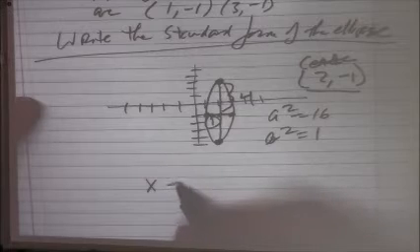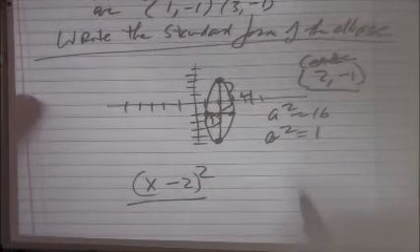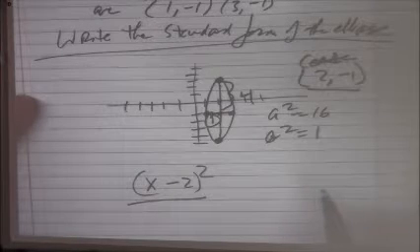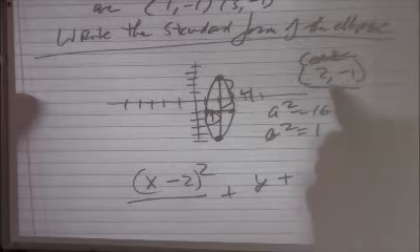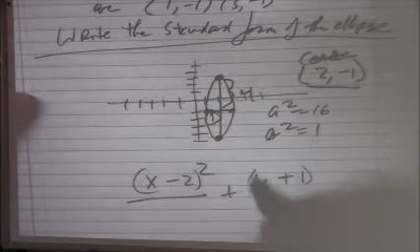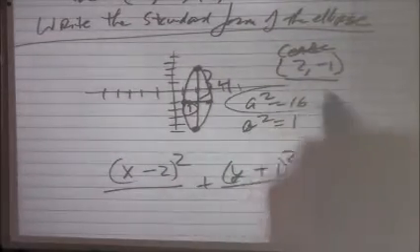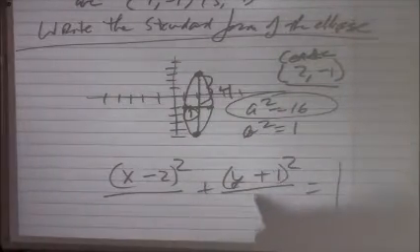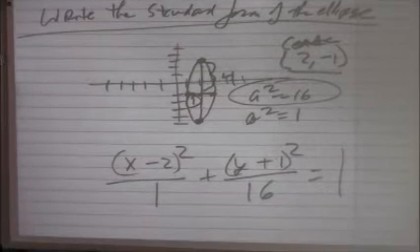Now I'm going to do (x minus 2) squared over... let me write this, and then (y plus 1) squared is equal to 1. But I have to put the a squared underneath the one that I'm paralleling the axis for. So the 16 goes here, and the 1 has to go here.